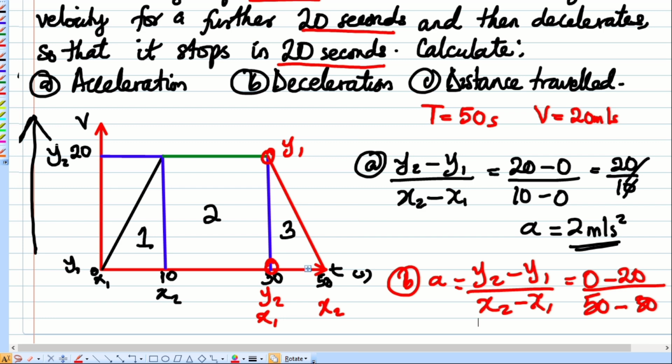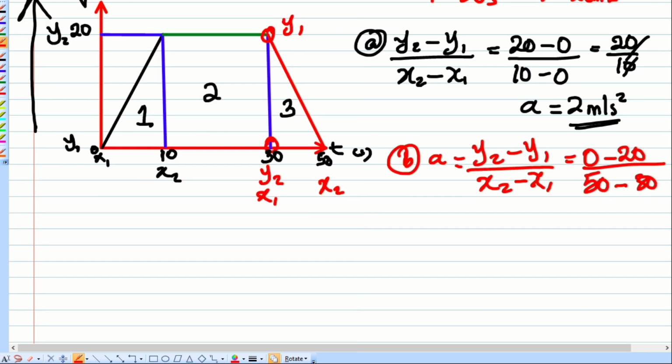So deceleration is equal to negative 20, because 0 minus 20 is negative 20, over 50 minus 30, which is 20. So 20 cancels 20, and we have negative 1 meter per second squared. That's what we call deceleration, negative acceleration. When you see negative attached to acceleration, it simply means that it's slowing down. So that's retardation.